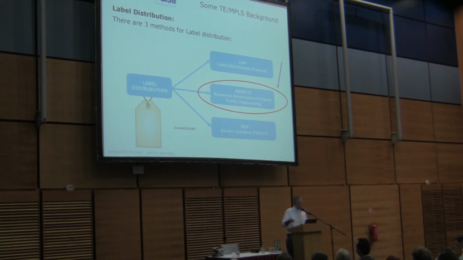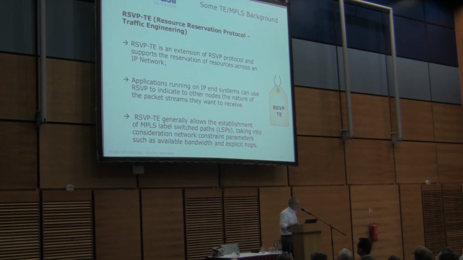This is using RSVP-TE. RSVP-TE is an extension of the protocol RSVP, and it supports reservation of resources along the path, and it supports some limitations. It's a very practical and efficient way to make bandwidth control using RSVP, and we also can define which is the route we want for one type of traffic.